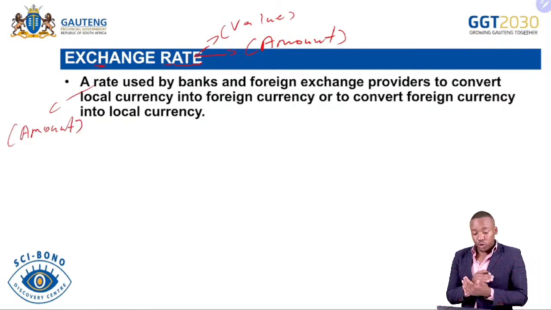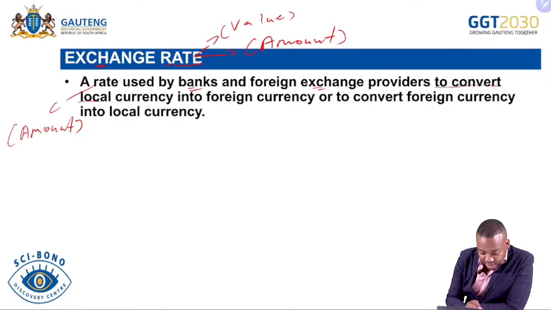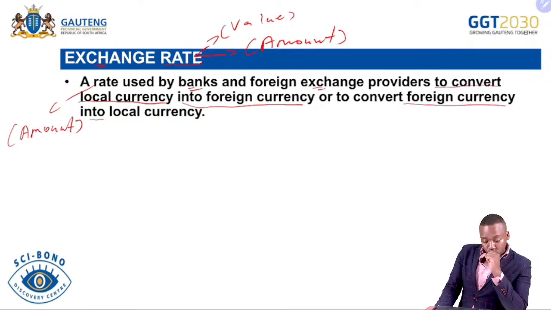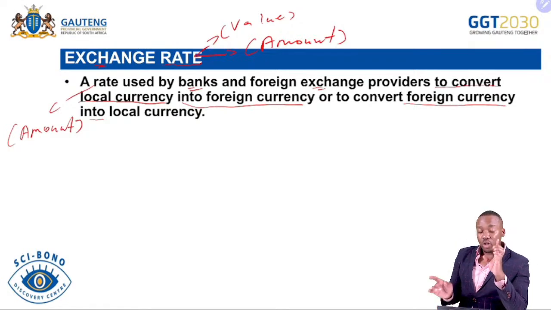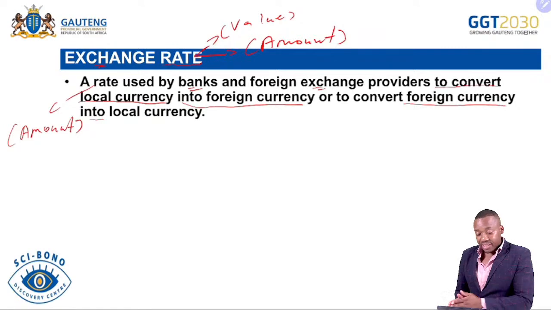It is the rate used by banks and also foreign exchange providers to convert local currency into foreign currency, or to convert foreign currency into local currency. An exchange rate is the rate or the amount used by foreign exchange officials. Obviously, we're talking about those ones that are registered legally.